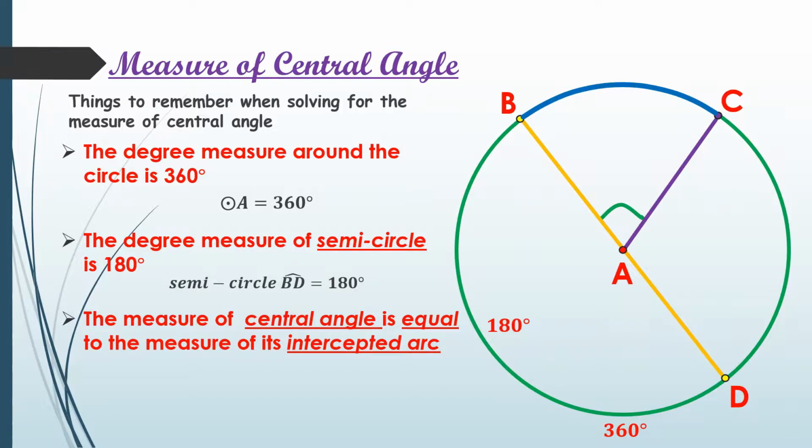Since the measure of central angle is equal to the measure of intercepted arc, then we can say that the measure of angle BAC is equal to the measure of arc BC. So in symbol, measure of angle BAC is equal to measure of arc BC. So if our arc BC is 78 degrees, then the measure of angle BAC is also 78 degrees because their measures are equal.